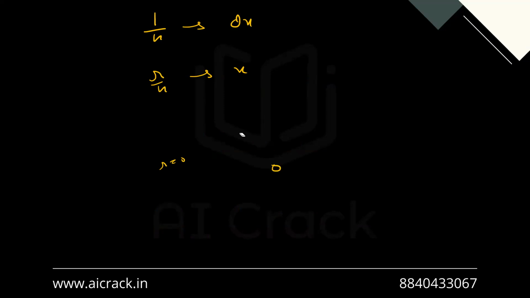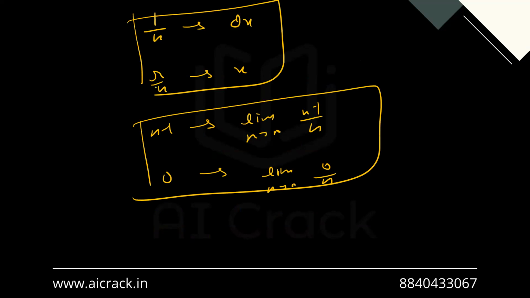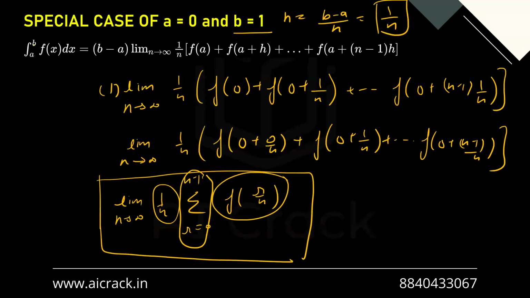So basically, n minus 1 is being compared with limit n approaches infinity, n minus 1 upon n, and 0 is compared with limit n approaches infinity, 0 upon n. Okay, so you have to make all these comparisons to convert summation into integral.